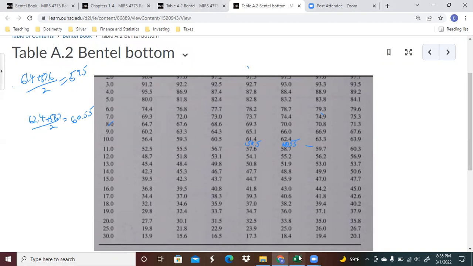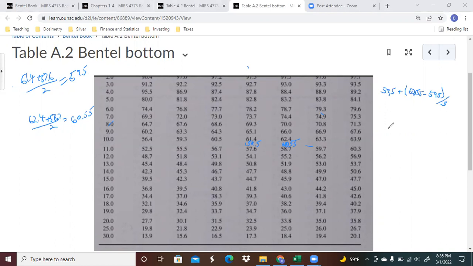So what I'm going to do is take 59.5 and add to that 60.55 minus 59.5, divided by 3.